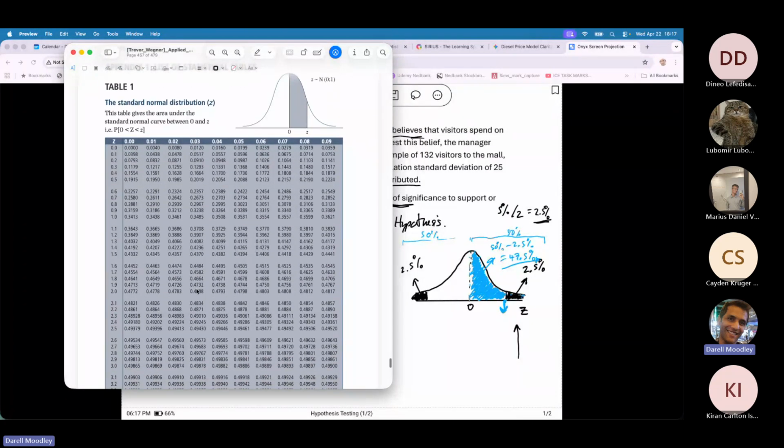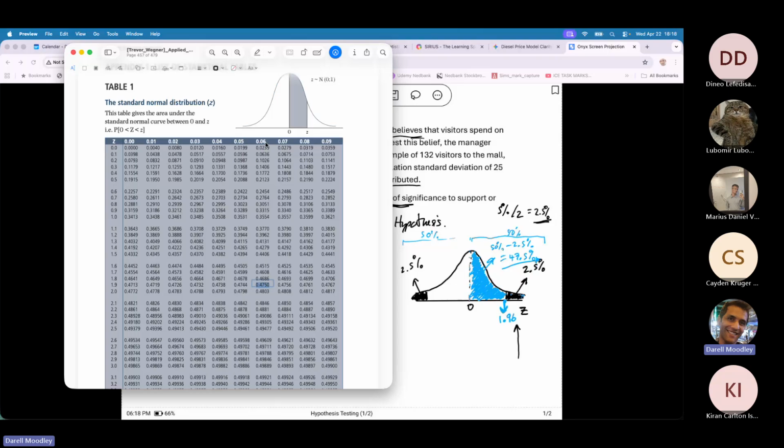If we start tracking through the values, 0.475, there it is. So you found the area, and now you work backwards to the z value. You go to the left and you'll see it's 1.9 and the second decimal is 6. So it's 1.96.